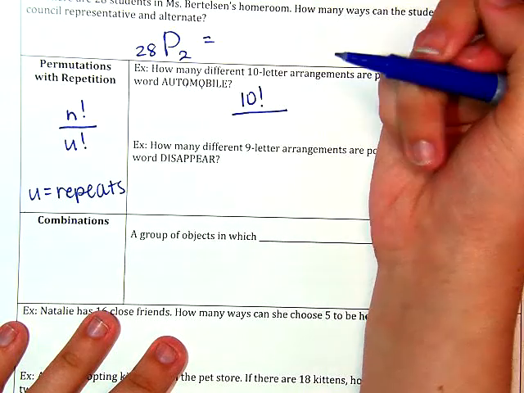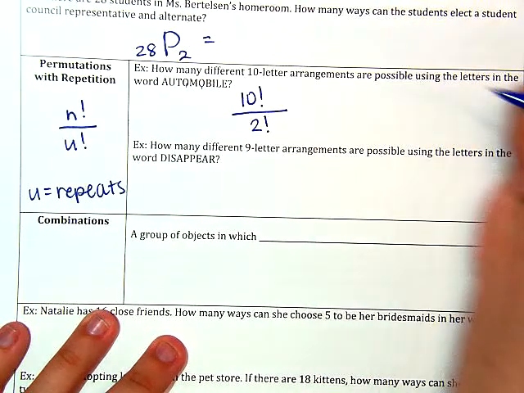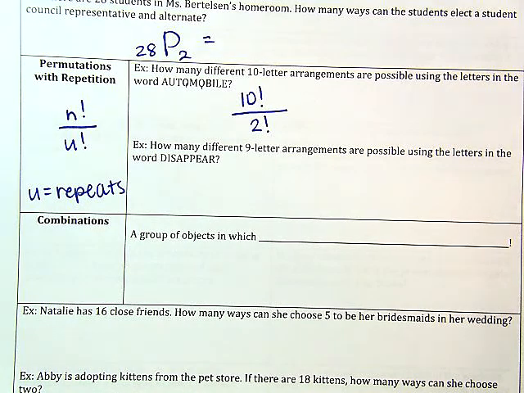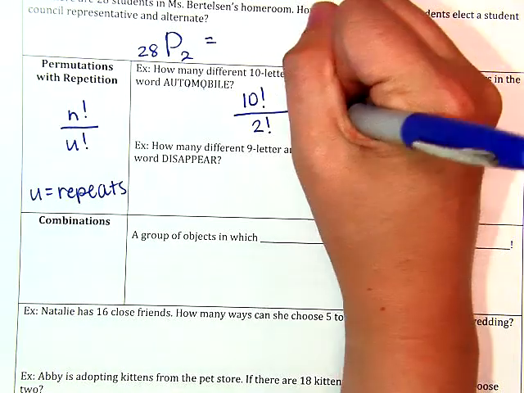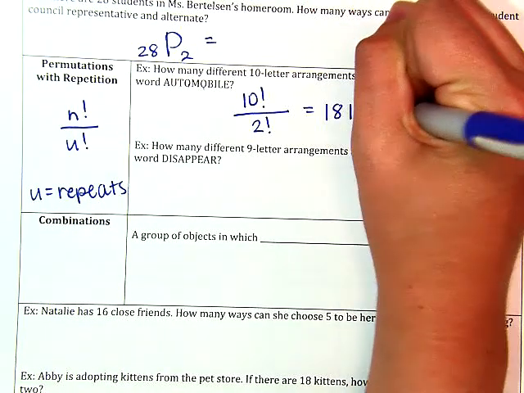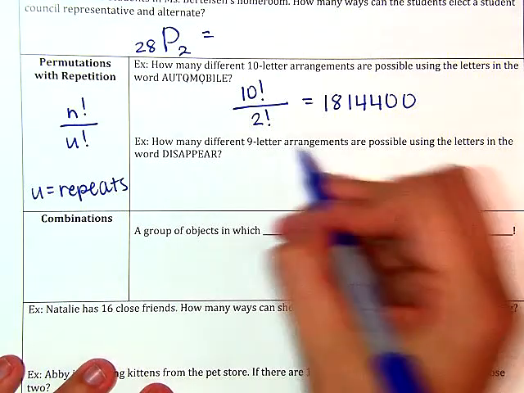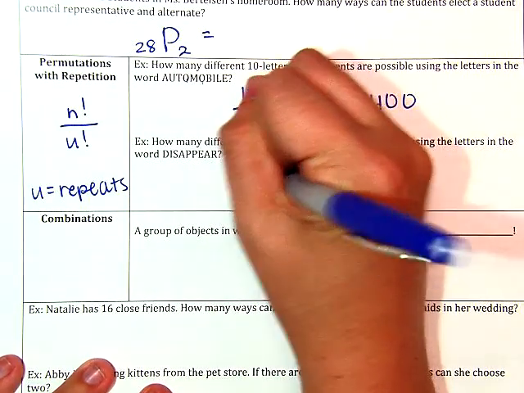We have 2 O's, so we divide by 2 factorial, because if those O's are switched, it doesn't look any different. 10 factorial divided by 2 factorial should give me 1,814,400.